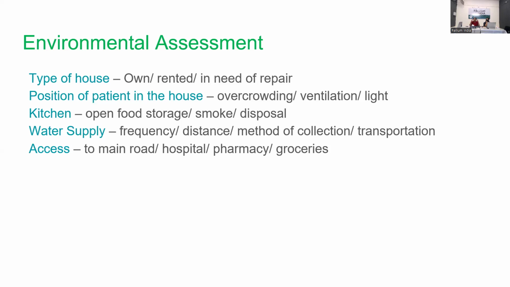Most of the time, if a patient is completely bedbound, they are just left there without any light, unhygienically, in a place. We need to make sure that the patient has proper ventilation and proper lighting inside the house. All this assessment will take place only when we do the home visit.